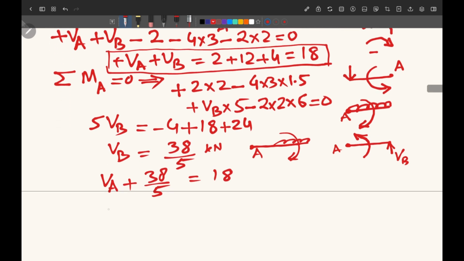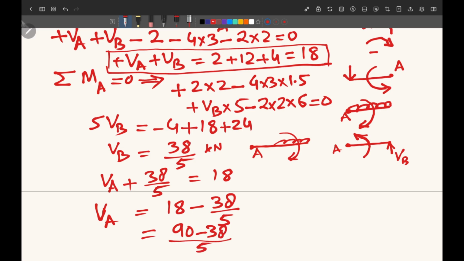Therefore VA is equal to 18 minus 38 upon 5, which will be 90 minus 38 upon 5, and that should be 52 upon 5 kilonewton.